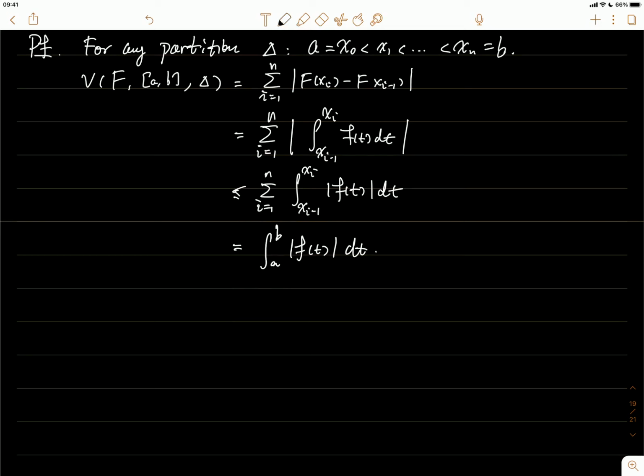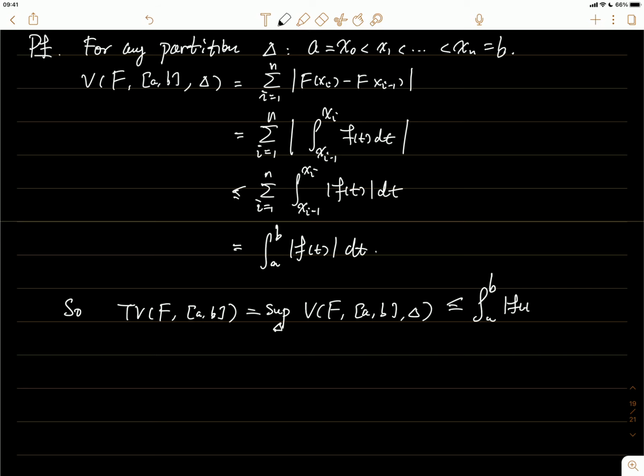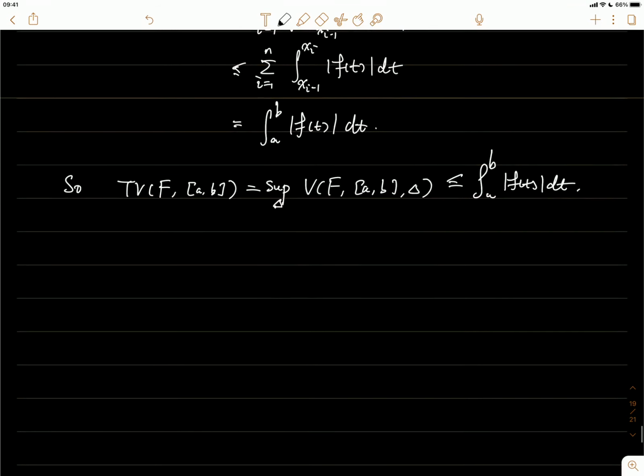And that supremum is the TV. So the TV of F is equal to the supremum over all the partitions of the variation of F over A, B, delta, which will still be less than or equal to this. Okay, and that completes the proof.